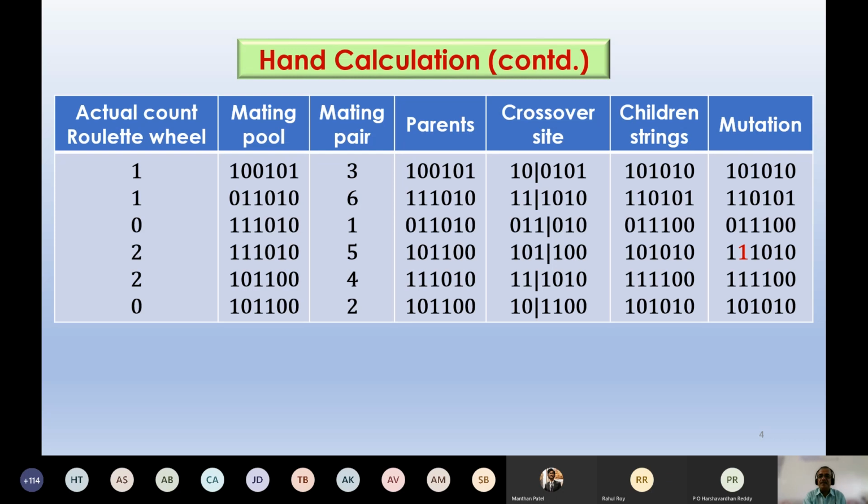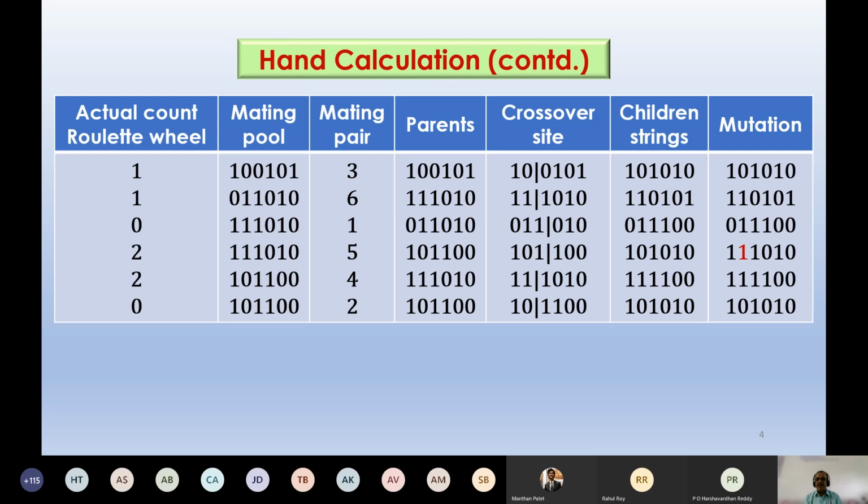Once it has been checked in the first bit position, then you concentrate on the second bit position and repeat the process. And I have already told how to implement it in a computer program. It is very simple. Use one random number generator which will generate a number lying between 0 and 1.0.